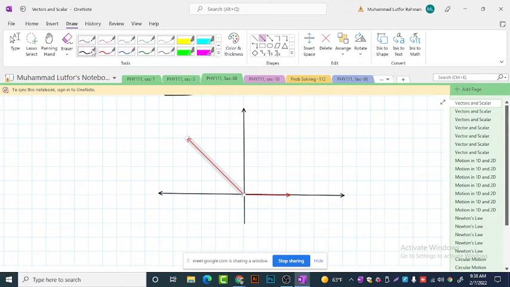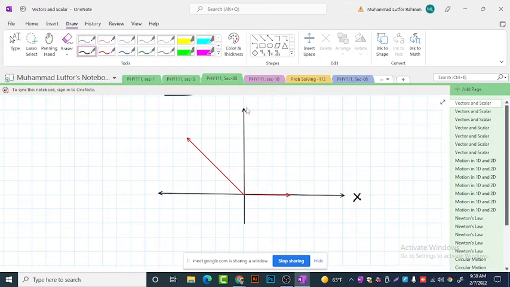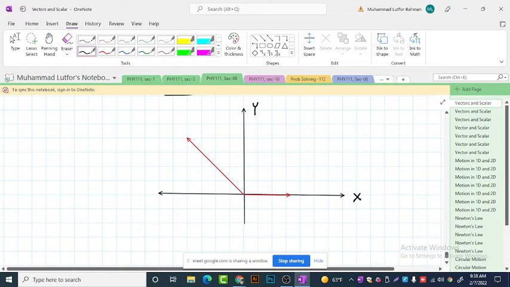If I label that, say this is my positive x, this is my positive y, this is my negative x, and I represent that vector by vector a, and this is vector b, and this b vector creates an angle of 45 degrees with the negative x-axis.